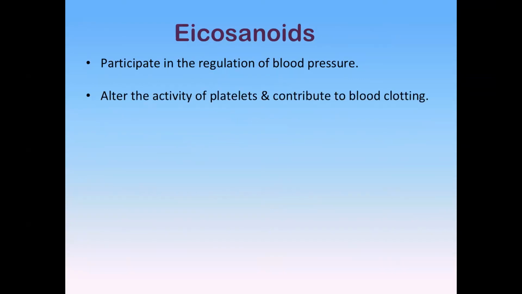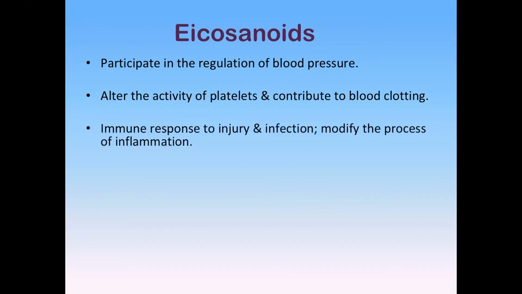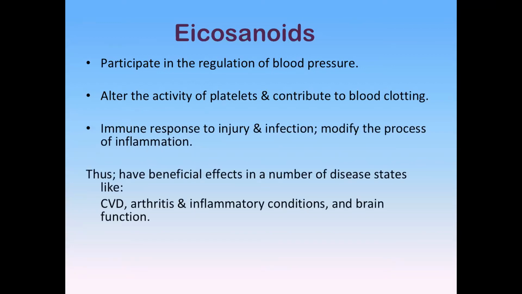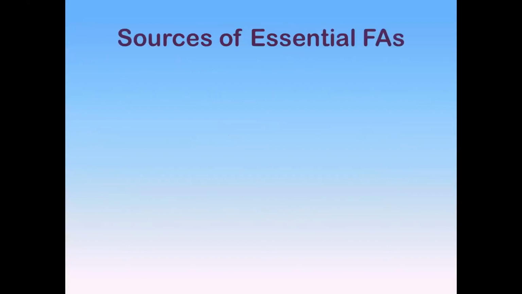Also, they alter the activity of platelets and contribute to blood clotting. They are also involved in the immune response to injury and infection and modify the process of inflammation, and thus they have a beneficial effect on a number of disease states, such as cardiovascular diseases, arthritis, inflammatory conditions, and brain functions. So what are the sources?